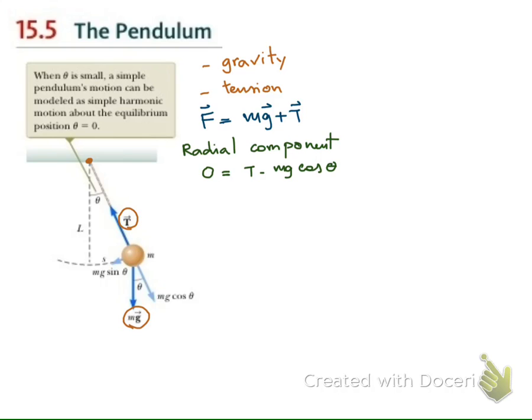We define the angle theta like this. This is the angle theta. So the component of the gravity in the radial direction is mg cos theta, and that must be equal to T.